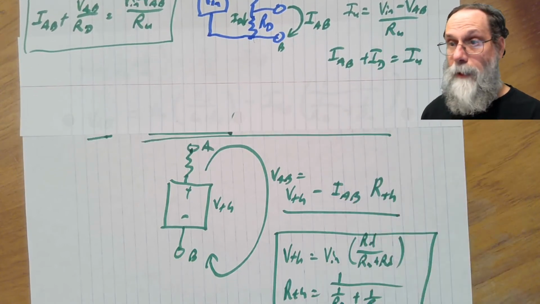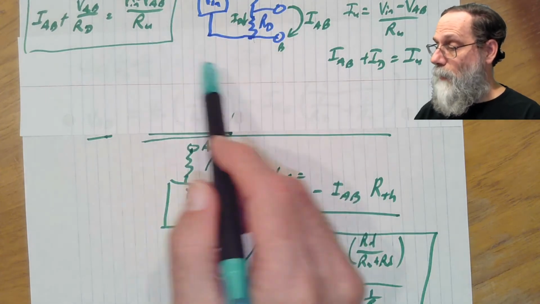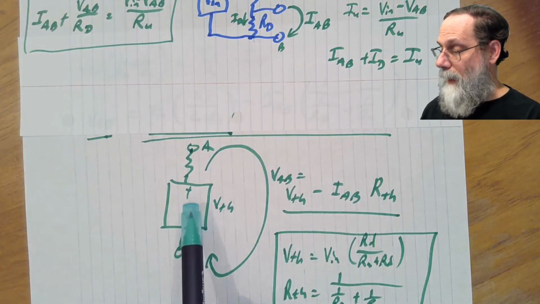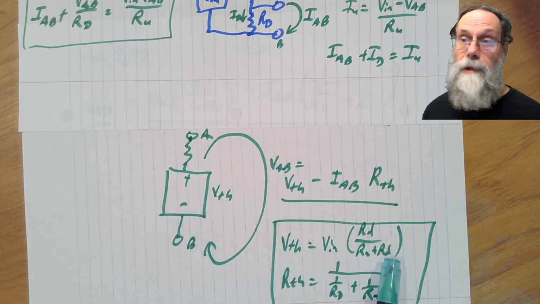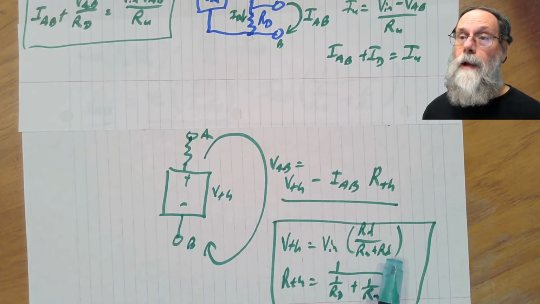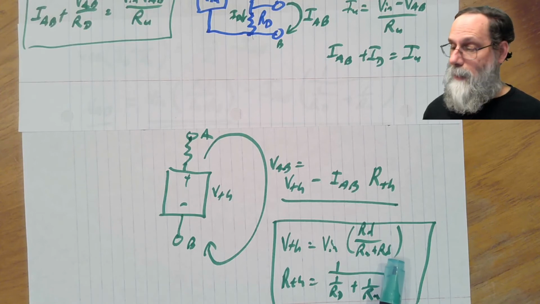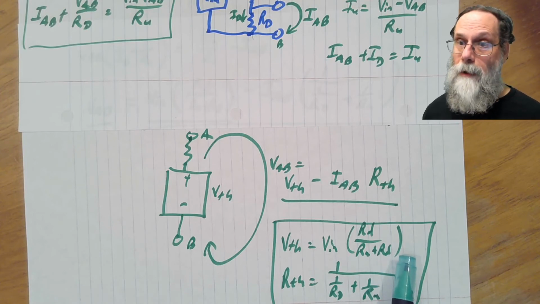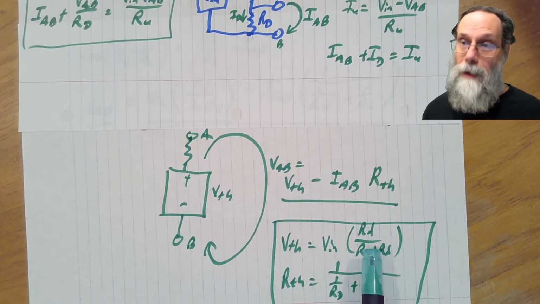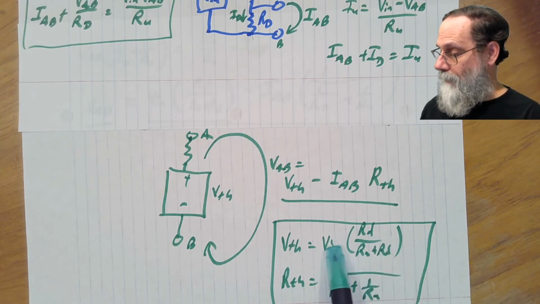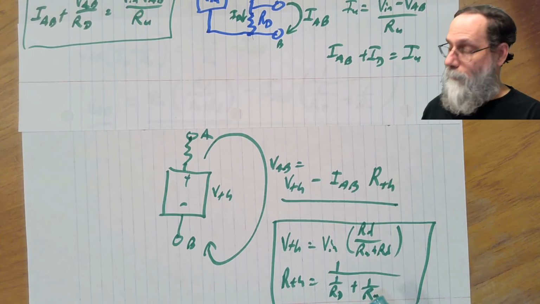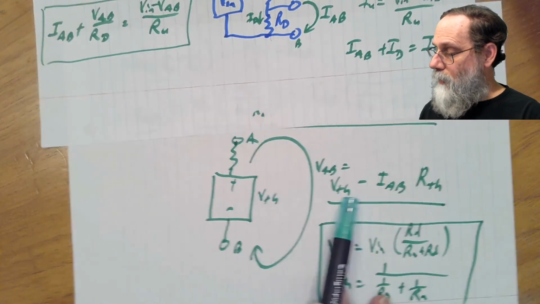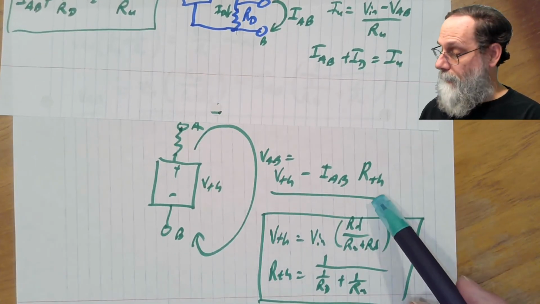If we think of that, we can just replace the entire voltage divider circuit here by a voltage source whose voltage is exactly what we previously computed the voltage divider voltage to be. If we take no current from our voltage divider then we get the voltage divider voltage, so Vn times Rd over Ru plus Rd.